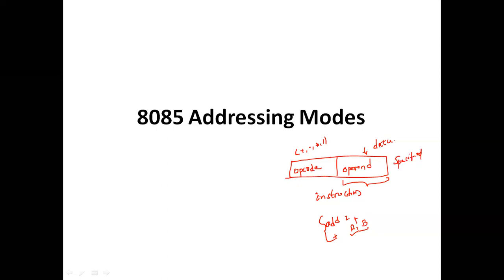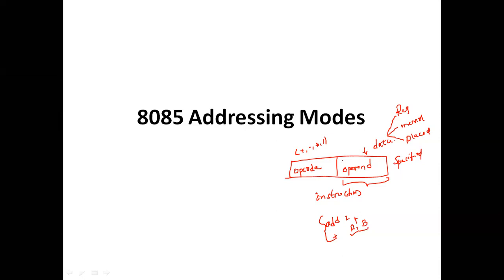Whether the data is there in the register, or that data is in the memory, or the data is directly placed over here. So how the data is going to be specified, we call it an addressing mode.